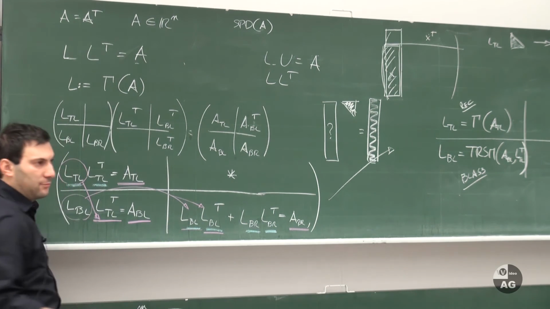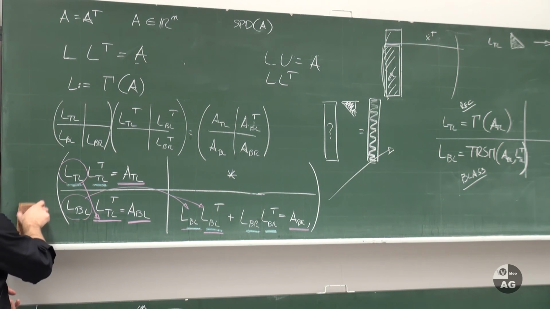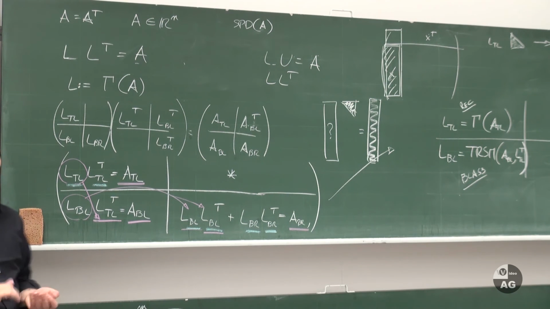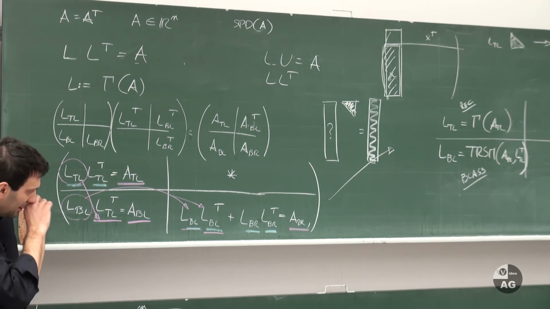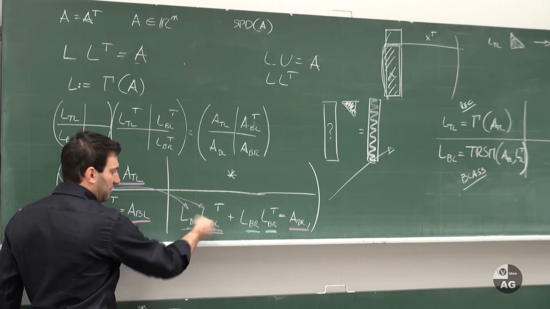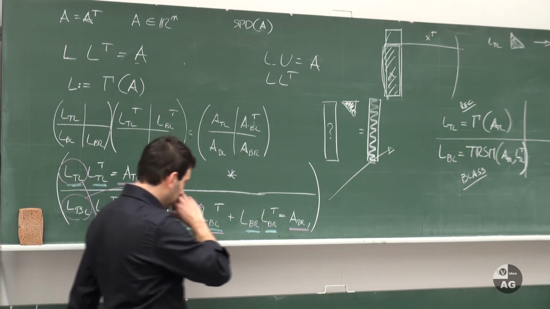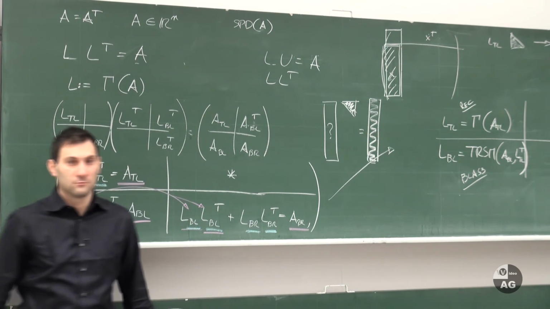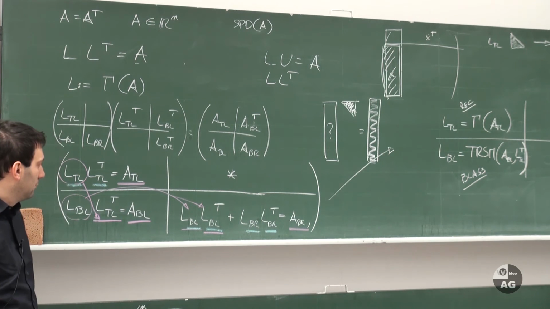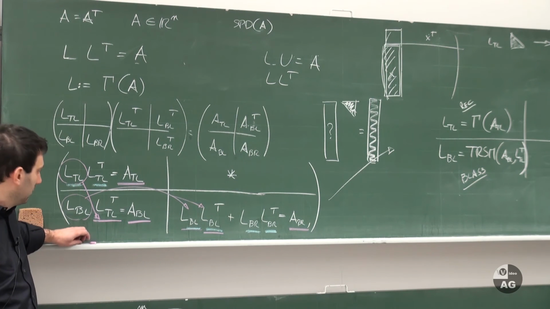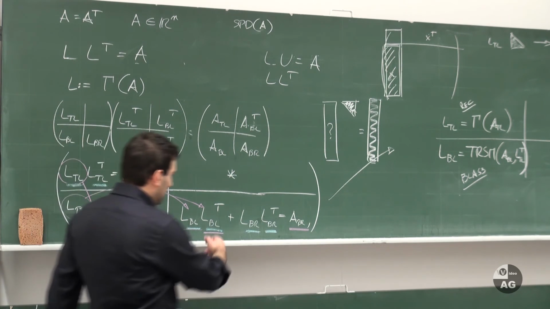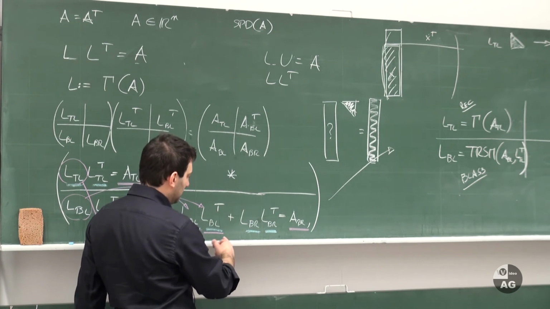How do we compute L bottom left times L bottom left transpose? You are saying that all of these now are available, so we can compute it. Very true. Let's do it. We have to compute it. Pattern matching. So let's go one step at a time.